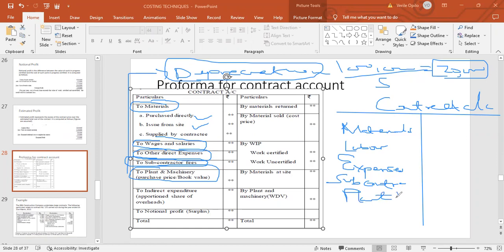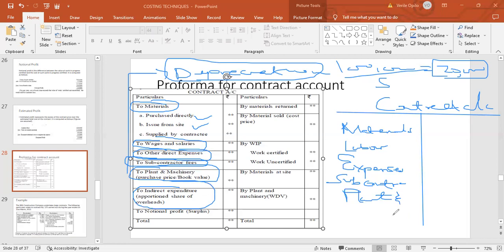So in this case, we show the proportion of the plant and machinery that we are depreciating. Then what do we factor in as well? We factor in any other indirect expenditure that might have been incurred by the business, but can be associated with the contract. So are there any other expenses that we might have incurred that are relating to this particular contract? You are going to include it here as well.